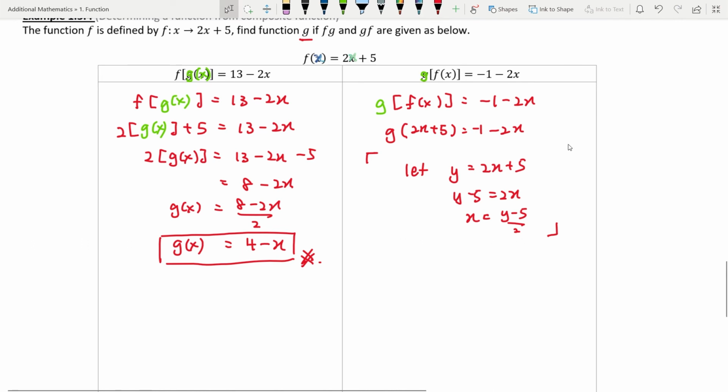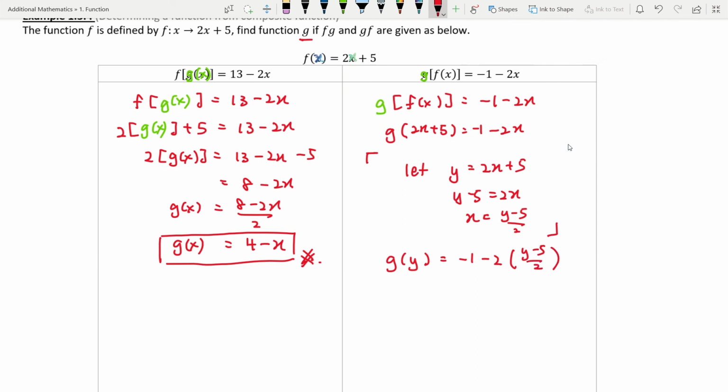Continue for our g. Now we already know 2x plus 5, we let it be a y. So we have g of y equal to negative 1 minus 2 times x. Since we already make the object into y, we have to change the x into y. What is our x? y minus 5 over 2.